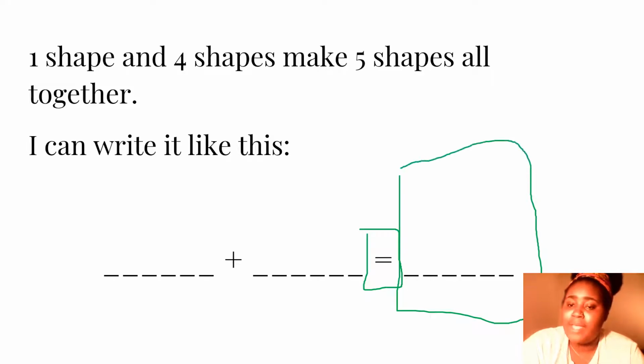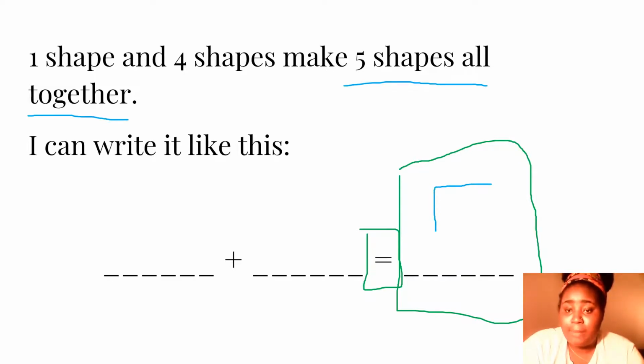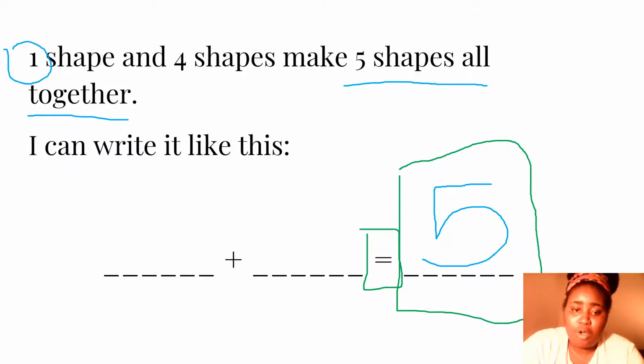And I remember that in my whole bubble, I put a 5 because I had 5 shapes all together. So that means that goes into my whole. And then I remember that I had 1 circle, so that would go in right here like it's a part.